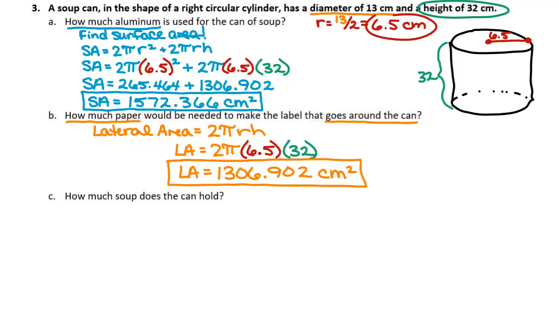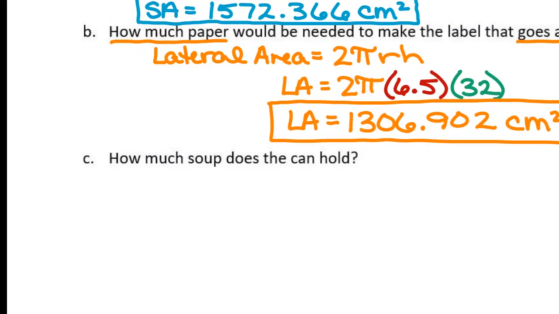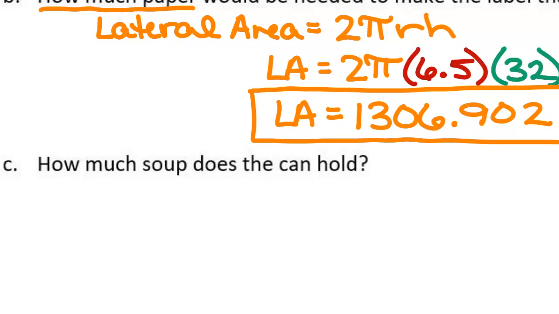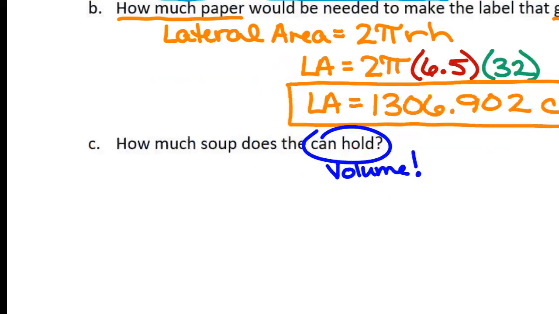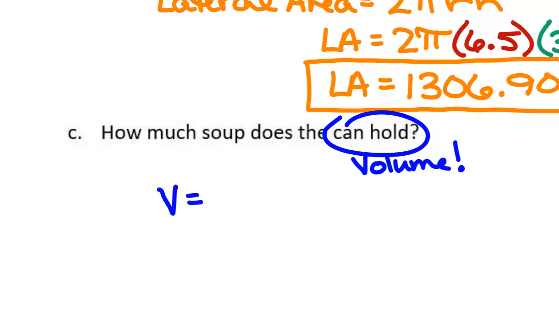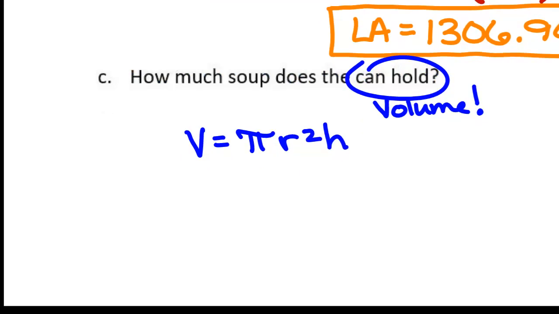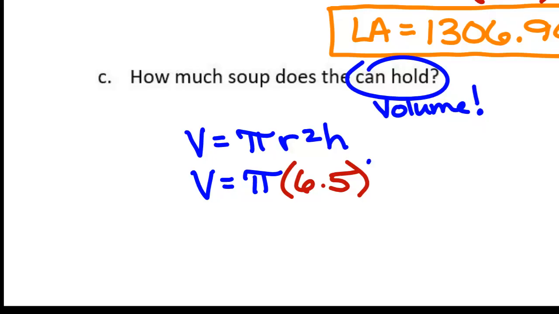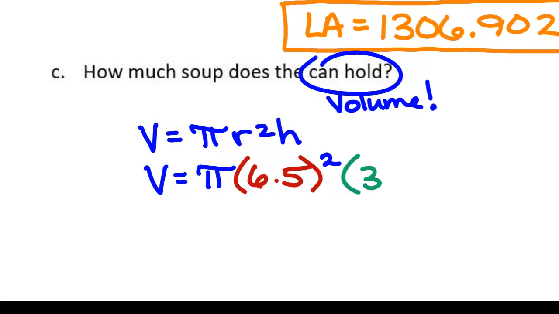How much soup does the can hold? What is this asking about? Volume. How much it can hold is volume. Well, volume for a cylinder is pi r squared times the height. So I have pi times 6.5 squared times the height of 32.